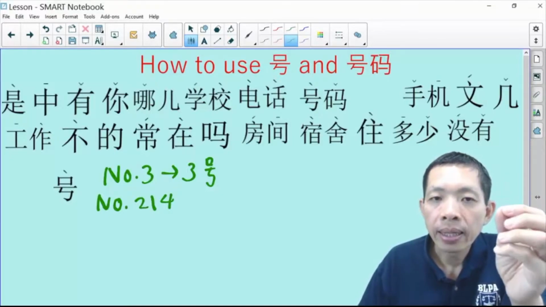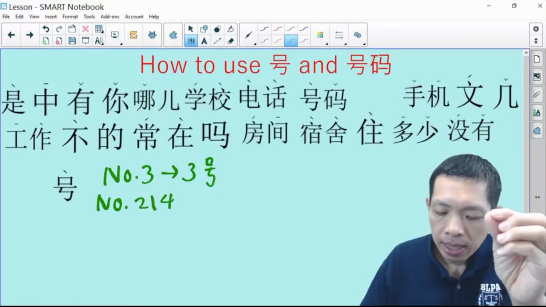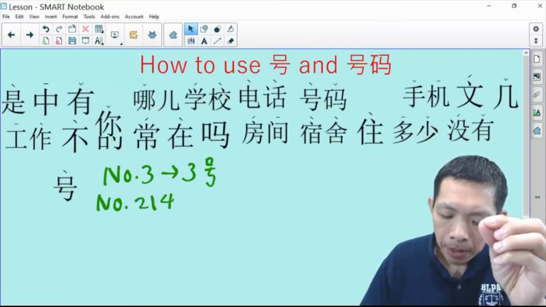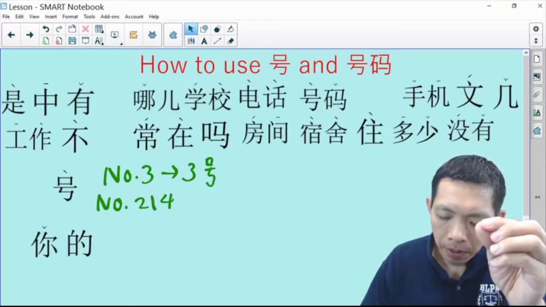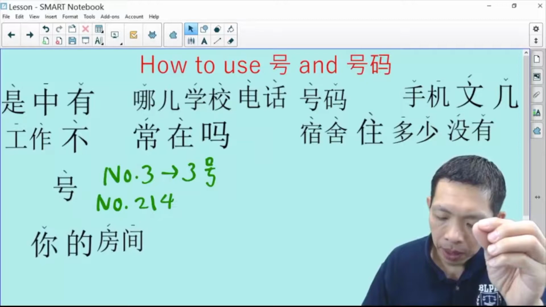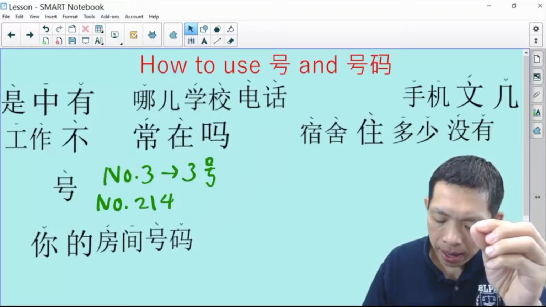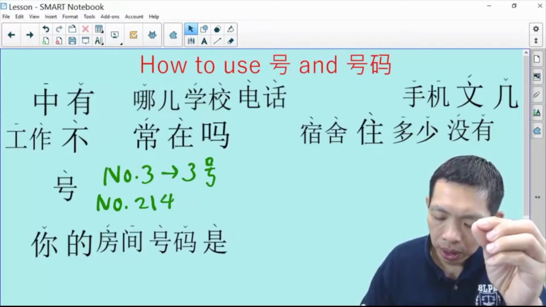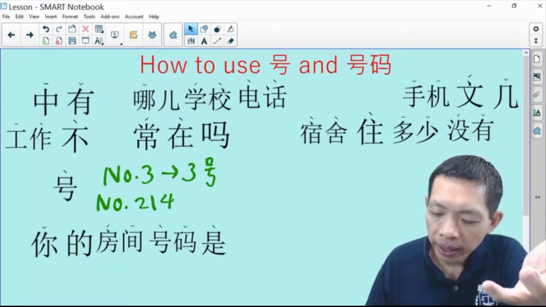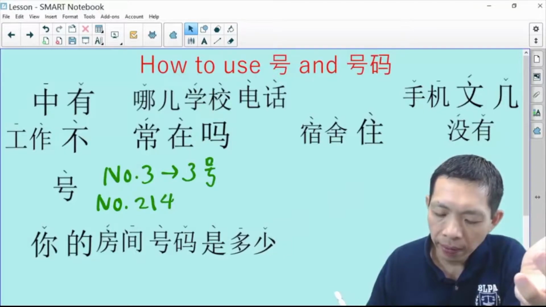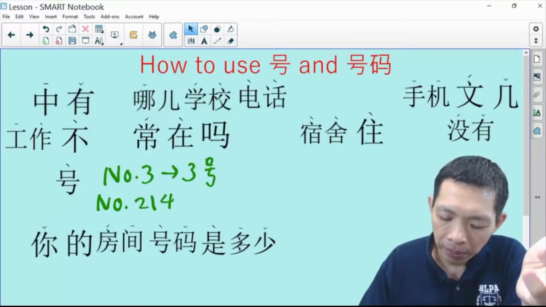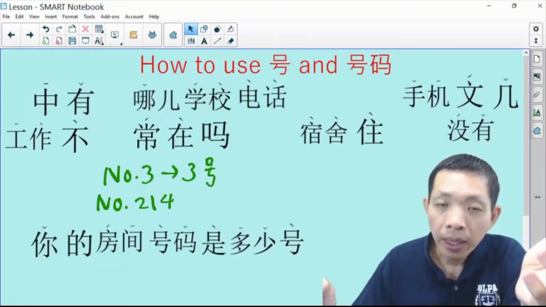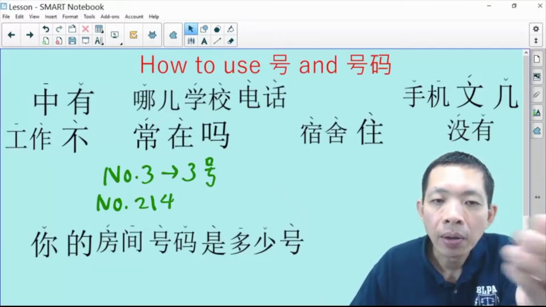So in that case, you say 你的房间号码 and then 是 and then 多少, and then you have to put a 号 in there. 你的房间号码是多少号?